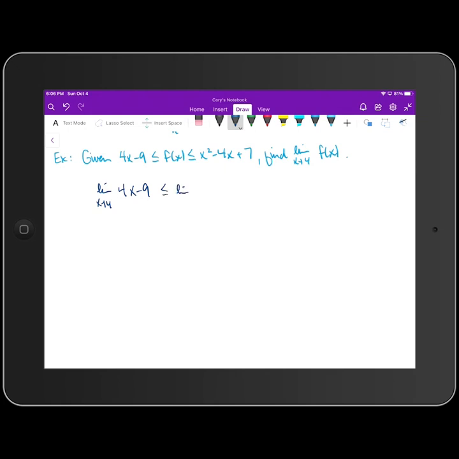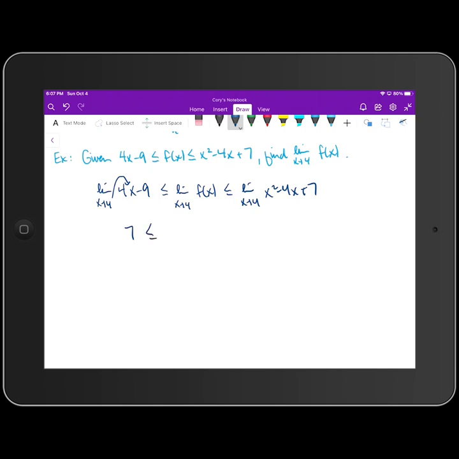That has to be equal to the limit as x approaches 4 of f of x, which has to be less than or equal to the limit as x approaches 4 of x squared minus 4x plus 7. Okay, so if I want to evaluate the first limit, I can do that with direct substitution. So when I plug 4 in the place of x, we get 4 times 4, which is 16, minus 9, which is equal to 7.